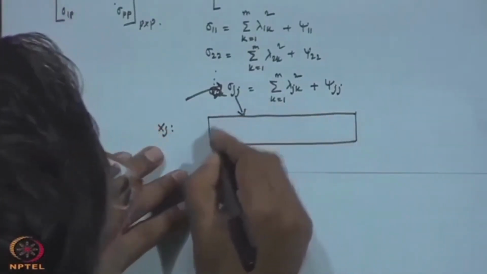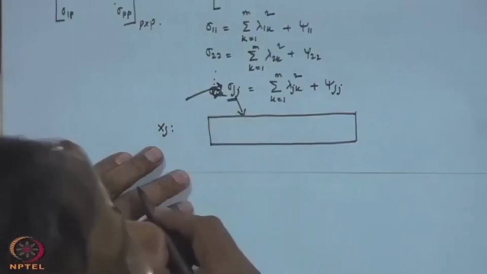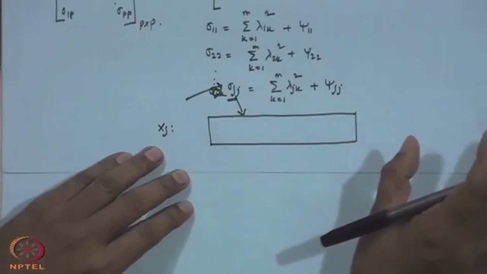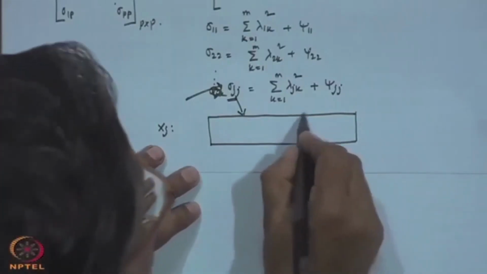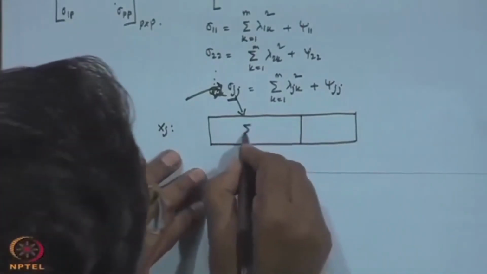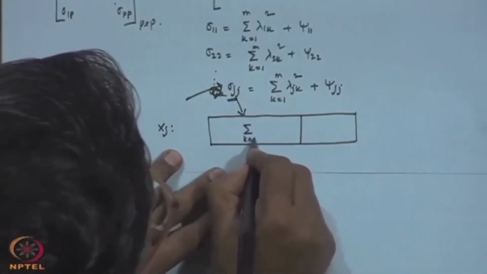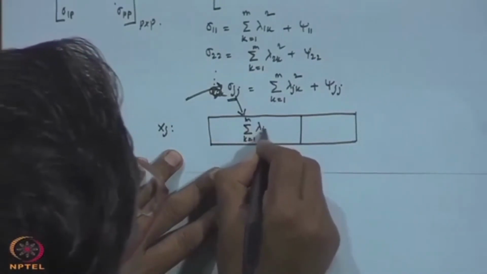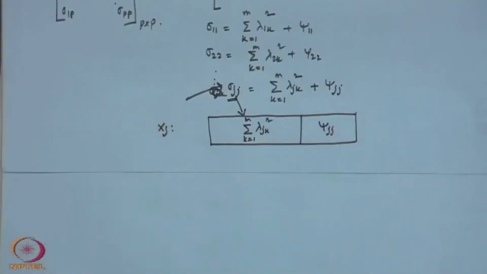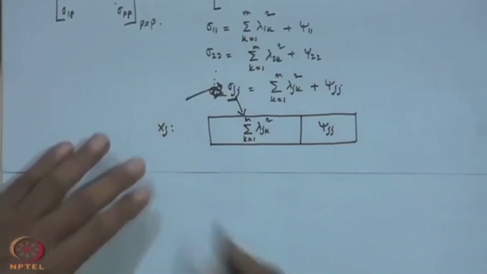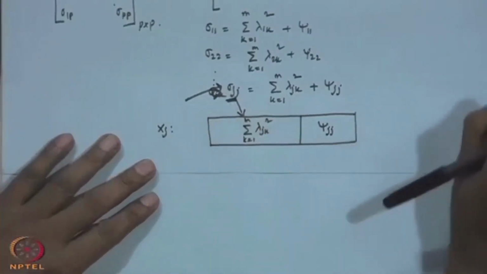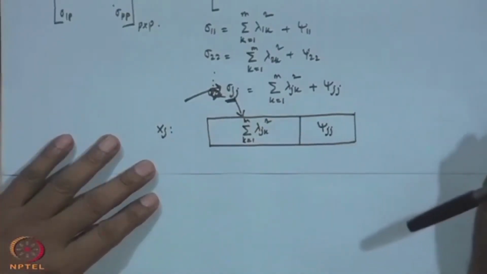Now, this is divided into two parts: this portion, the sum over k equal to 1 to m of lambda jk square, and this portion, psi jj. So what I am trying to say is that sigma jj is partitioned into two parts.